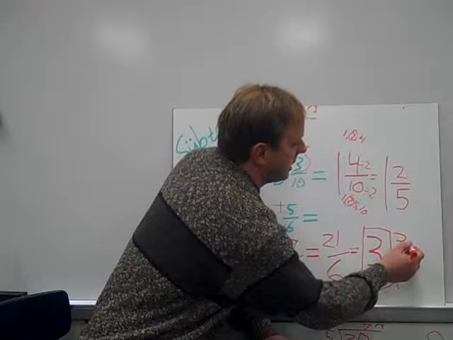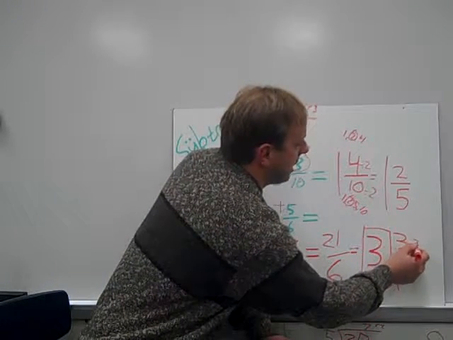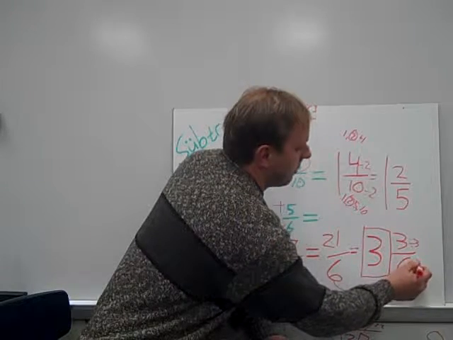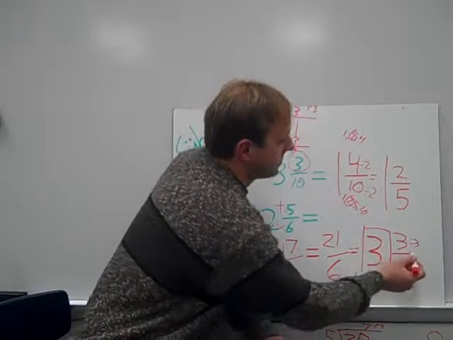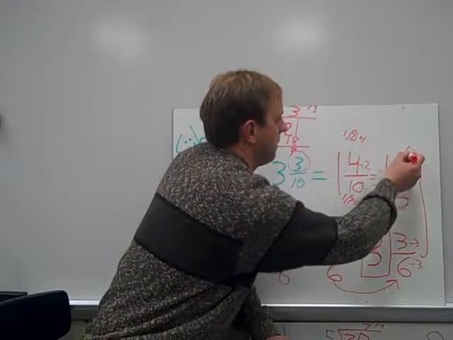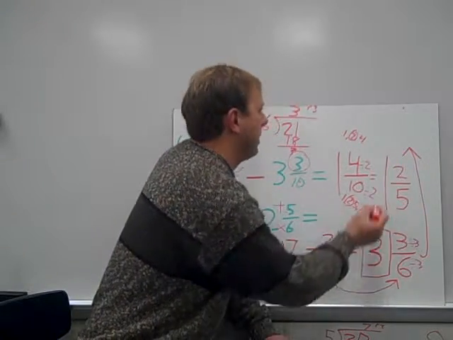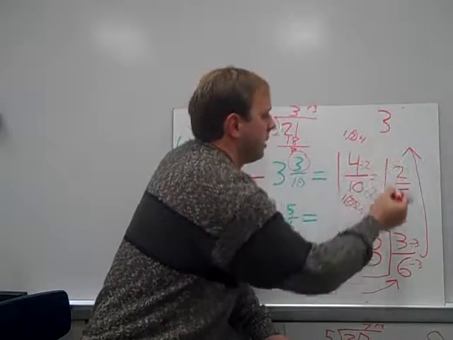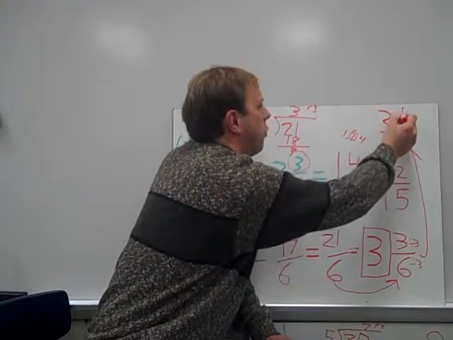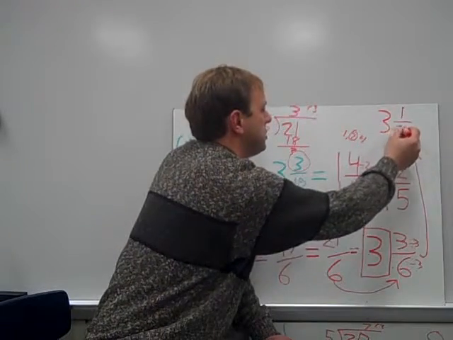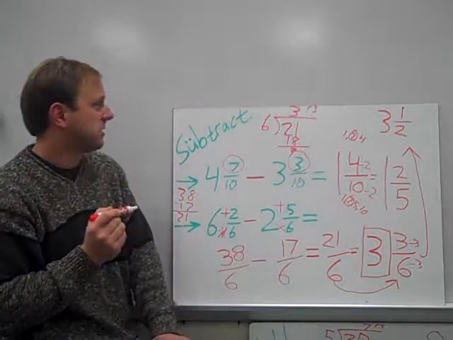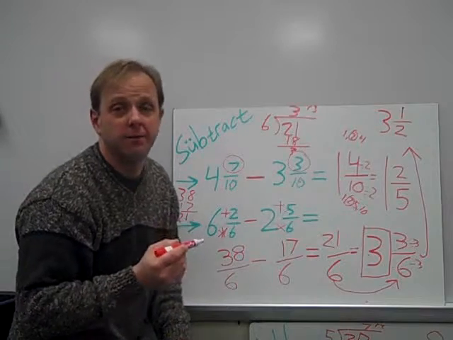I can simply divide both of these by 3 to get simplest form. 3 stays the same. 3 divided by 3 is 1. 6 divided by 3 is 2. And my final answer is 3 and 1/2.